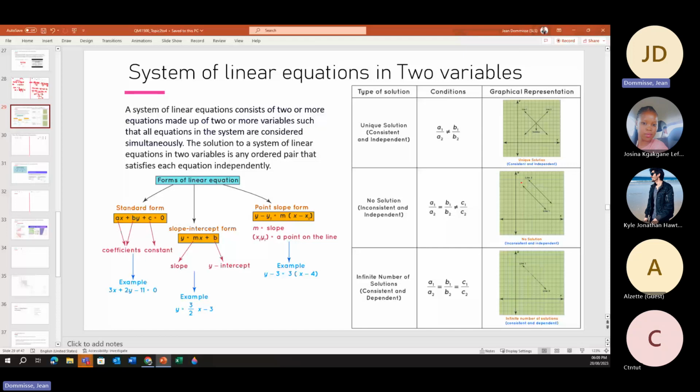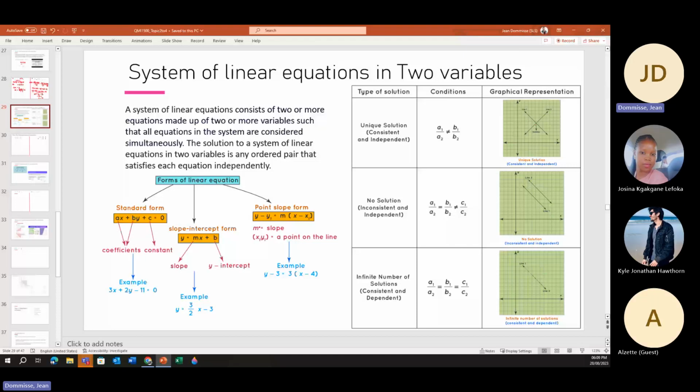So if two lines are parallel, what can you get out of it? If two lines cross one another, what can we see? But what we need to do with a system of linear equations is basically every time solve for x and y. It can only be two variables.